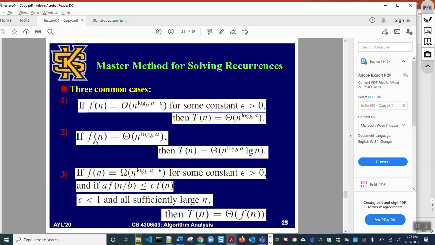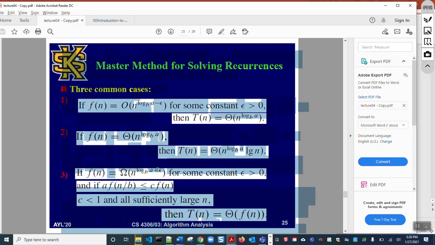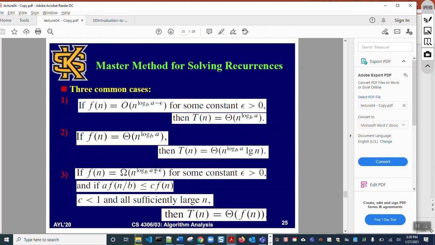In the second case, if f(n) = Theta(n^(log_b a)). And the third case will be the lower bound, n^(log_b a + epsilon). This is the lower bound, which means the actual value goes a little bit higher, and the upper bound means the value goes a little bit lower.